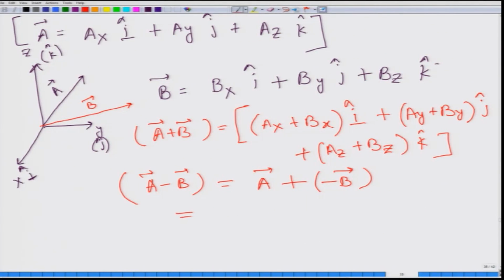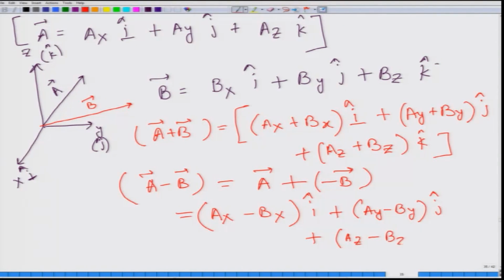So that is nothing but AX minus BX i plus AY minus BY j plus AZ minus BZ k. Okay. Now I have obtained all the components for the A plus B and A minus B vectors.